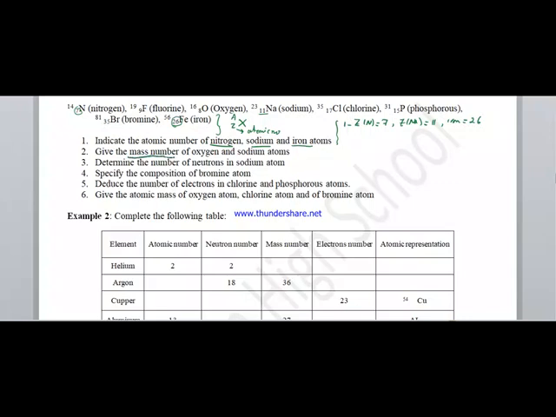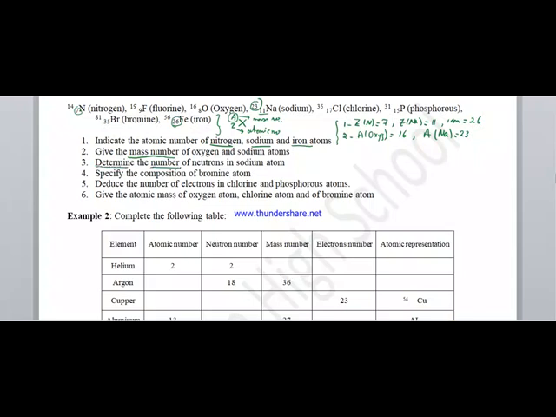In part 2, give the mass number of the oxygen and sodium atoms. The letter A represents the mass number. The mass number A for oxygen is equal to 16, and the mass number of sodium, Na, according to its symbol, is 23.